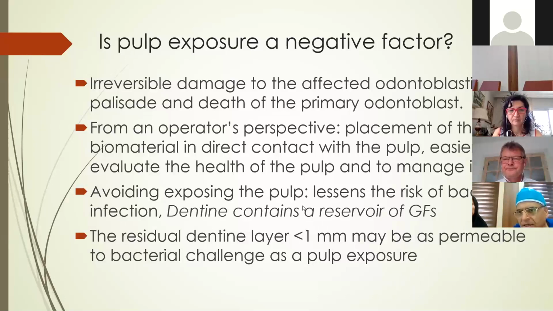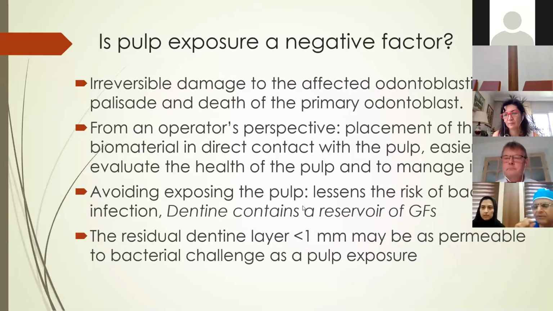My question is about the residual dentin. In the last part, you mentioned that a residual dentin layer of less than 1 millimeter may be as permeable to bacterial challenges as a pulp exposure. In that case, when we have a very thin layer of dentin, do you recommend exposing it and putting our biomaterial in direct contact with the pulp tissue?